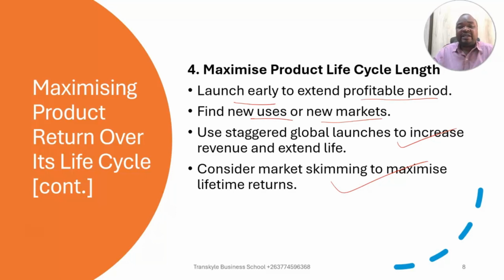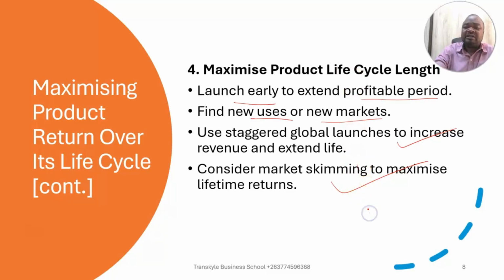So we can capitalize on charging higher prices initially before competitors join, so that when they join, we can again maintain or retain the market share through price reduction at the later stages of the product life cycle. So skimming is actually going to be the way to go.